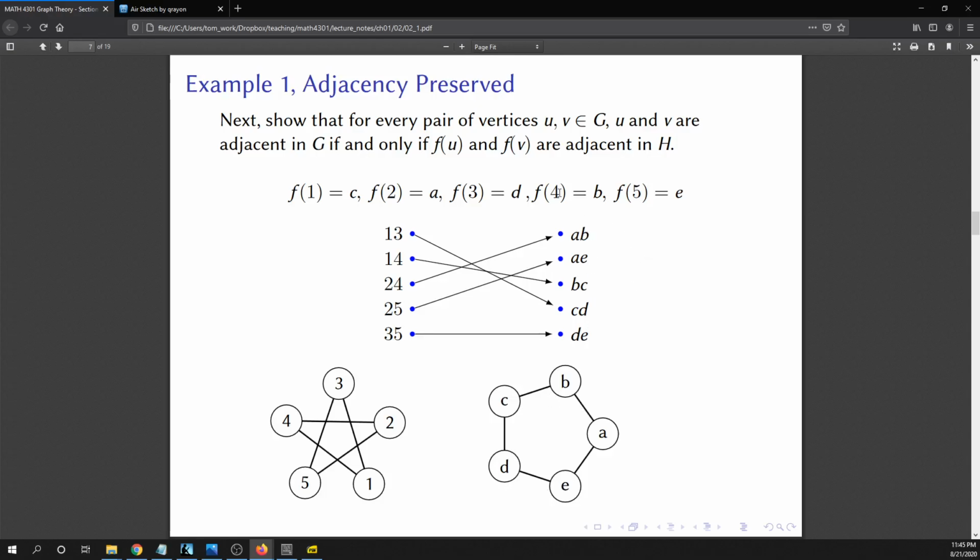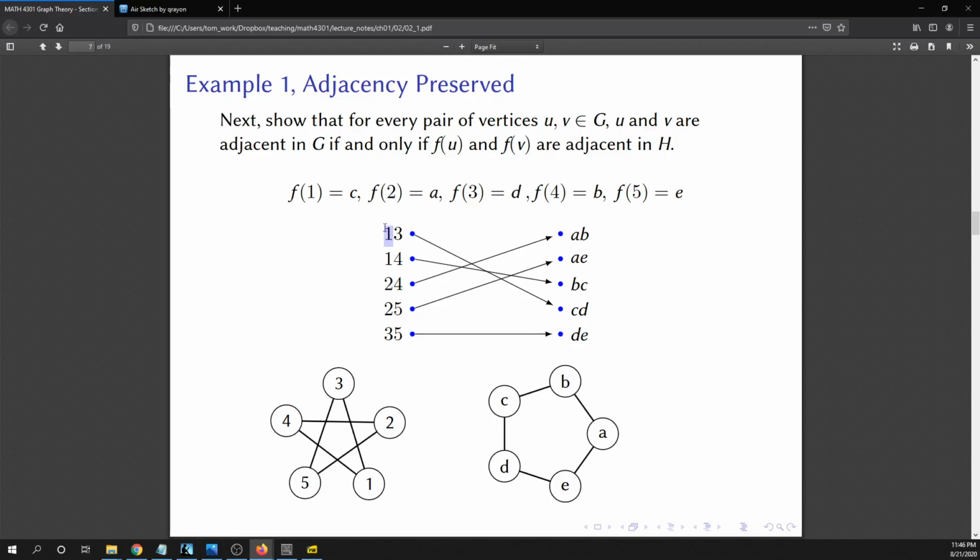And then what I do is, for every one of these edges, I determine where it would get sent by the bijection of the vertices.